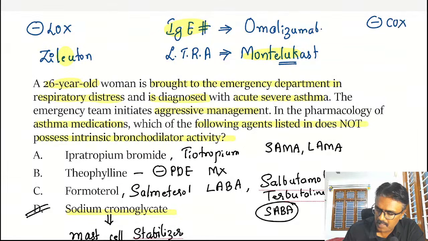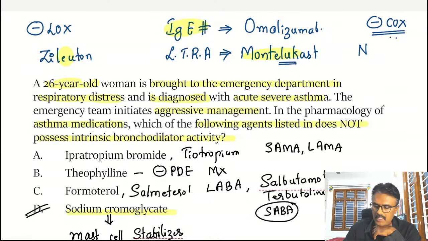What is the group name of a drug which is inhibiting COX called? Yes, very good, RK, that is zileuton. But what is the drug group which blocks COX? The name is NSAIDs, non-steroidal anti-inflammatory drugs. They inhibit the enzyme COX.